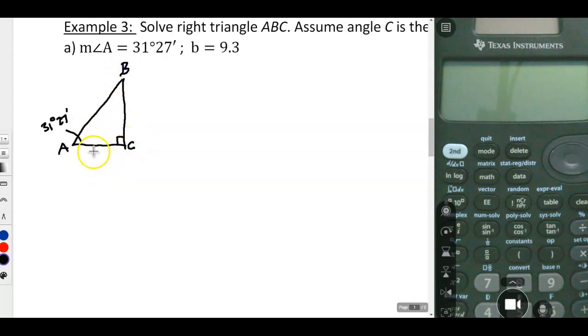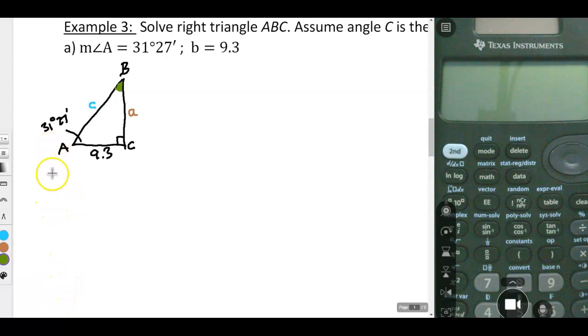This is C. So we're given 9.3, and we just need to find all the missing information. We need to find 3 things. We're looking for the angle B, and this needs to be in degrees minutes; I'm going to leave it in degrees minutes. Then we need to find side A and hypotenuse C. So 3 different problems, 3 different answers.